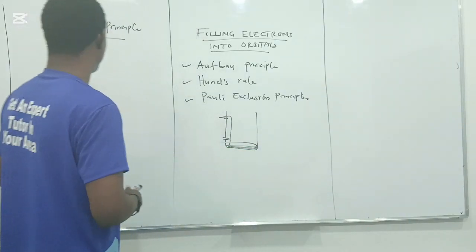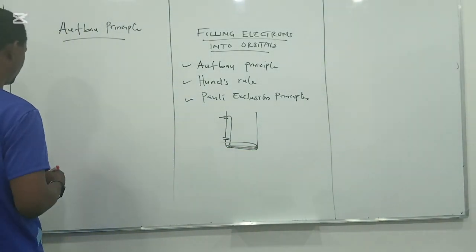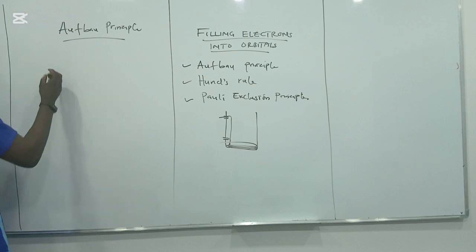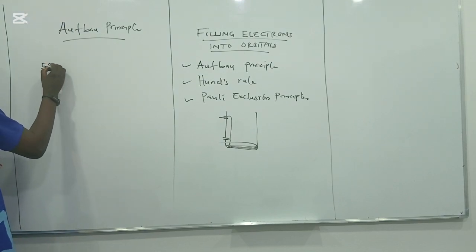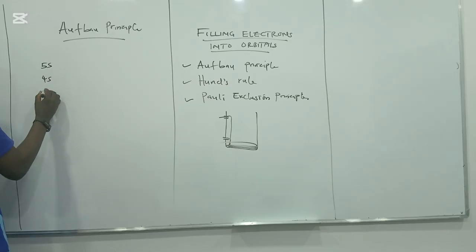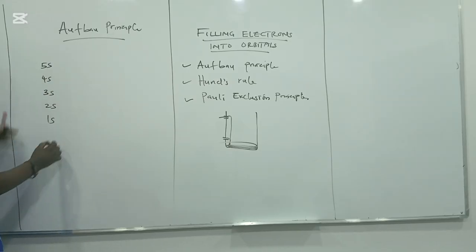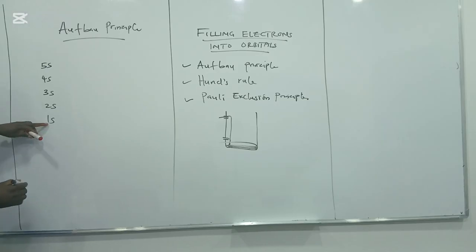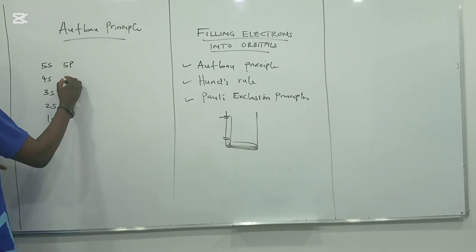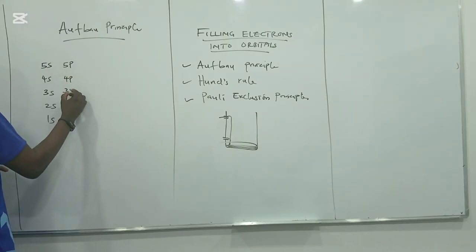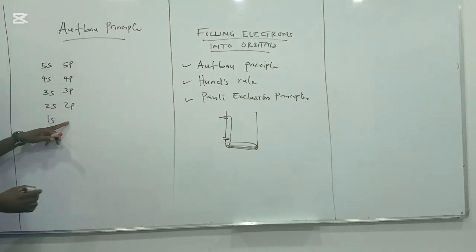Let's see how to build up this Aufbau principle. Let me start by saying 5s, and you can do it with me, 4s, 3s, 2s, and 1s. These are s orbitals. After s, we have p. Let's say 5p, 4p, 3p, and 2p. We don't have 1p.